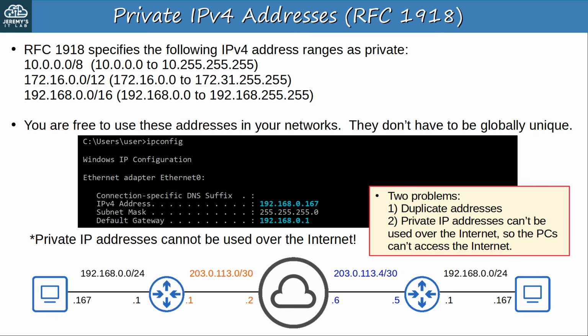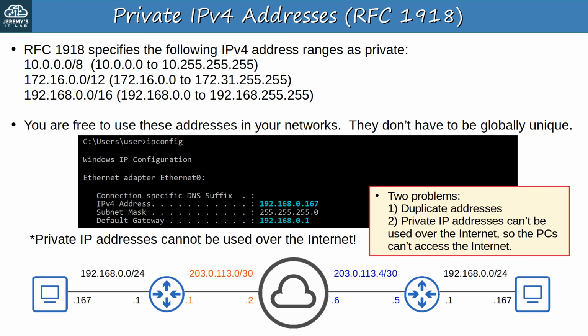When my PC needs to reach destinations over the internet, NAT will allow it to borrow the unique public IP address of my router, or another public IP address I have configured for NAT. In fact, not just my PC, but all other devices in my home can use that same single public IP address to access the internet all at the same time.